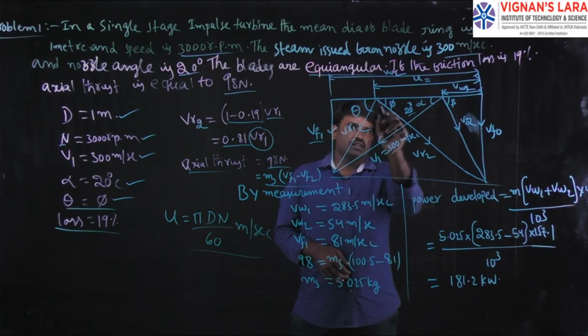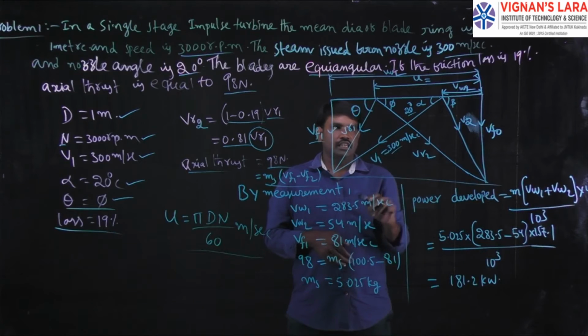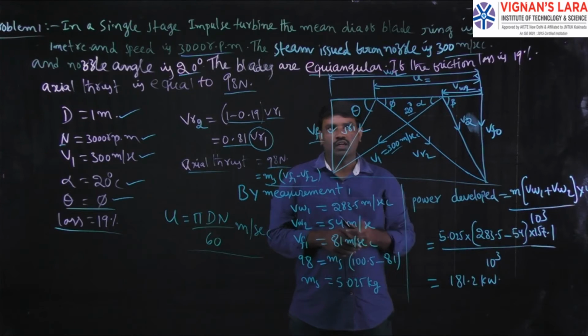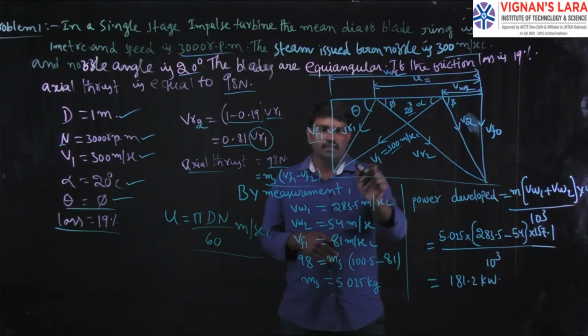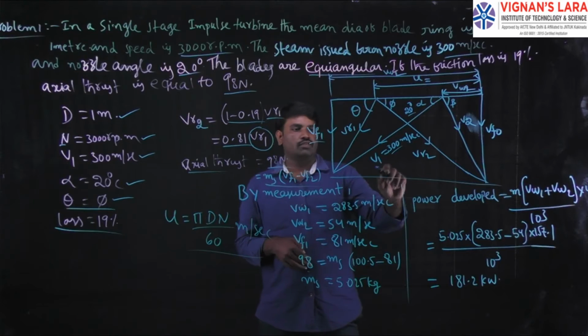and based on that scale you have to draw this line first. The U line you have to draw first, and later, since the blade angles are equal, from this point you have to draw theta and phi. These two are equiangular, and first you have to draw this alpha line. Alpha means the nozzle angle is given and velocity V1 is given.